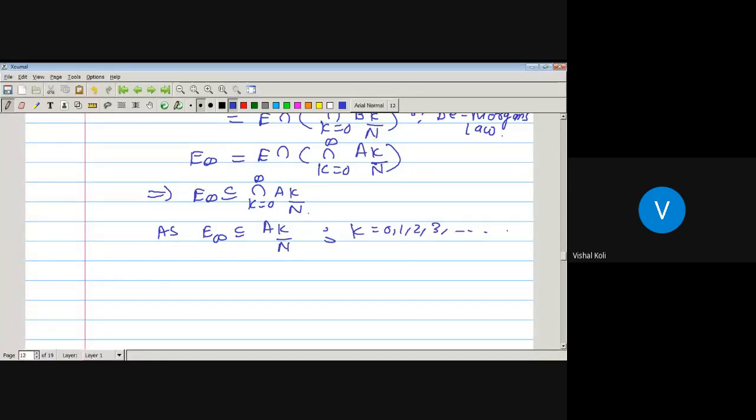But A_k by n is a positive set with respect to the signed measure gamma, which implies the signed measure gamma of E infinity must be greater than or equal to 0.